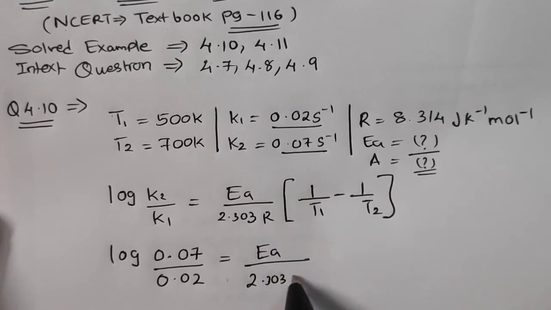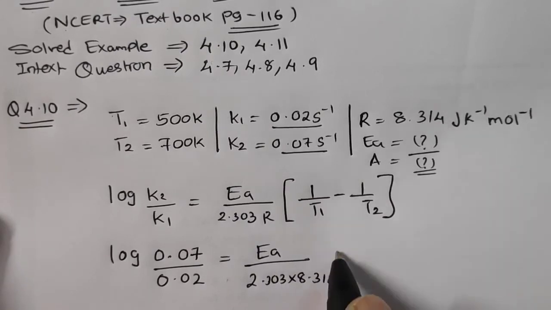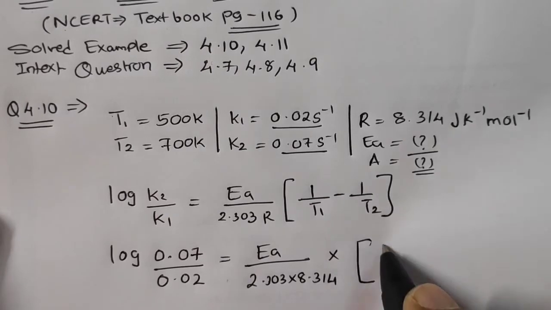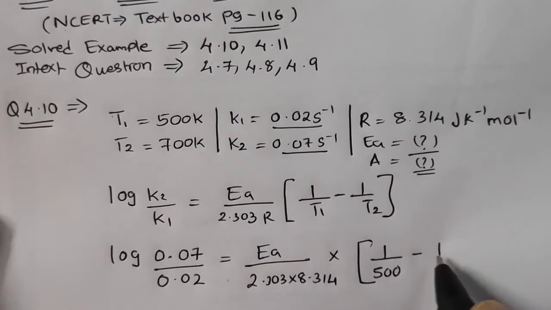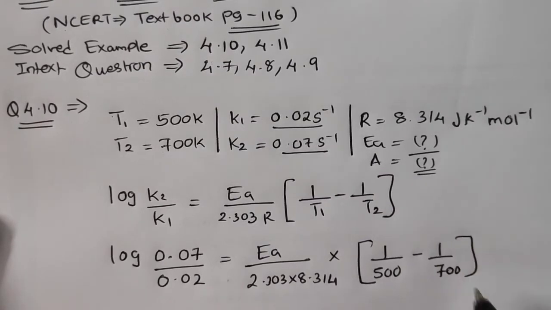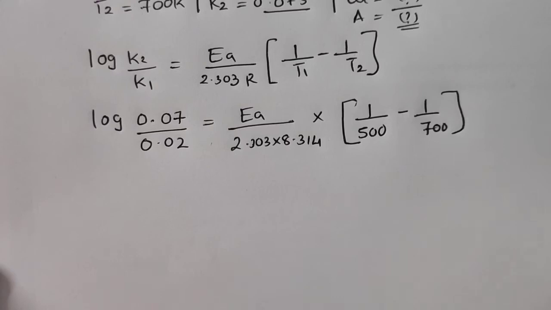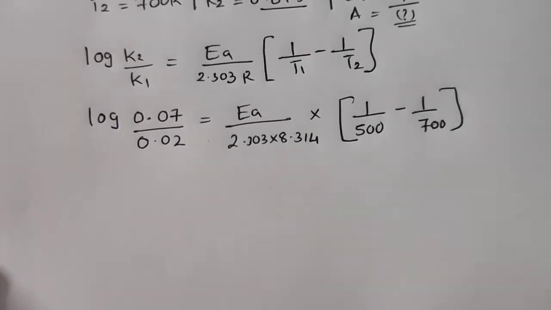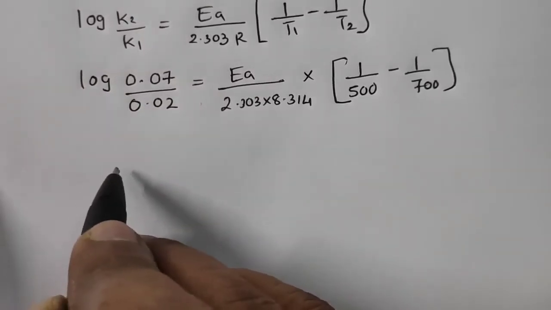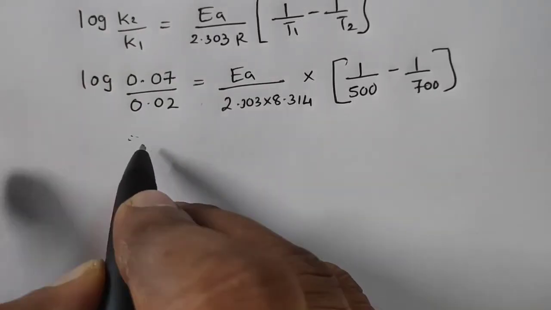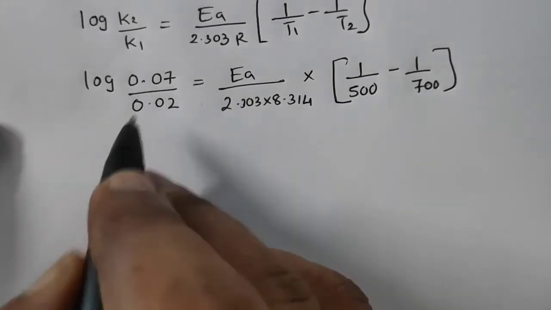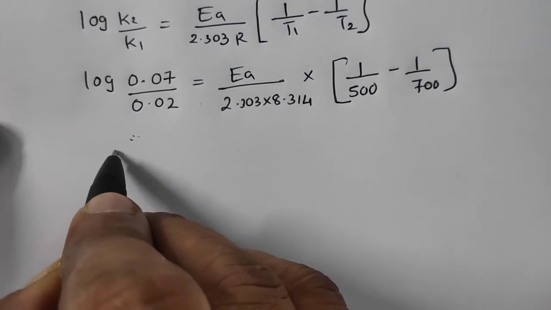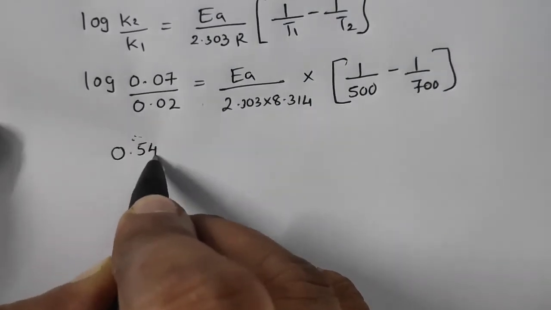So 2.303 into 8.314 into 1 upon T1, that is 500, minus 1 upon 700. Now if you divide and calculate this with log, it will be 0.5441.